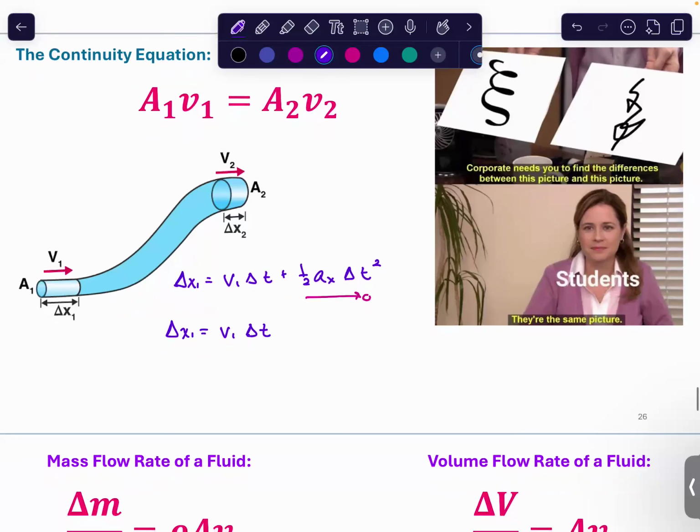And then we say that the mass goes through the cross-sectional area. So we now have ideas for what delta X will look like. But we need to think about the mass crossing each individual area.